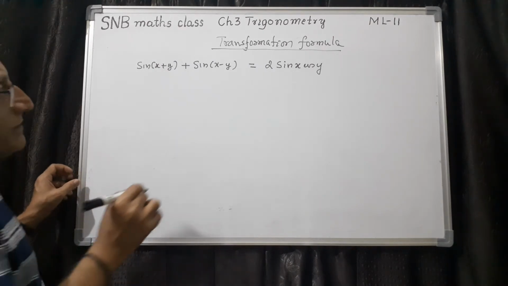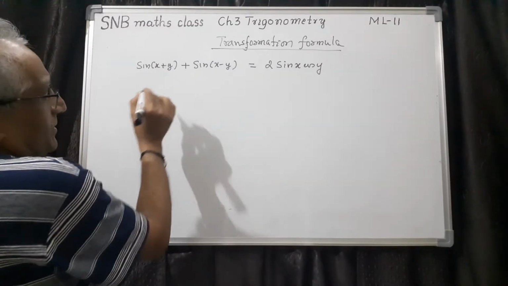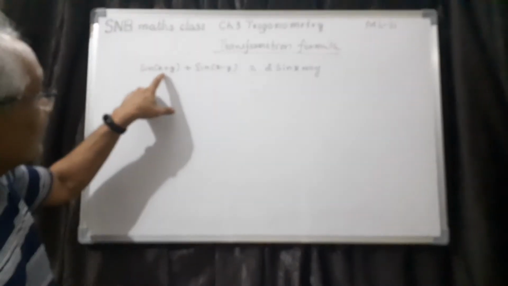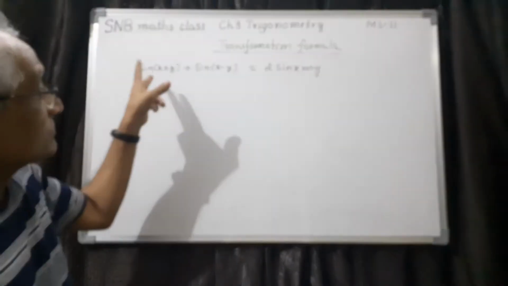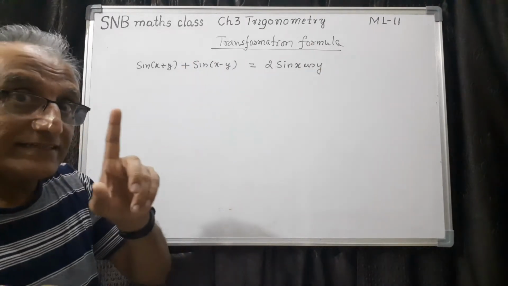Then what you have to do is, I want to find another formula where I don't want two angles here, x plus y and x minus y. I want one single angle here and one single angle here. Then of course x and y should be expressed in terms of those. So you will get two angles. That is the idea.